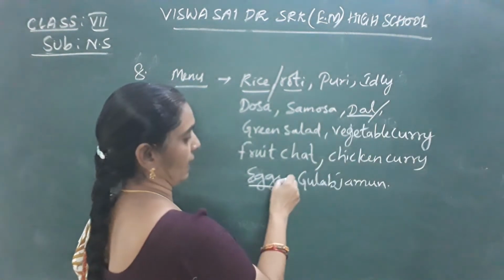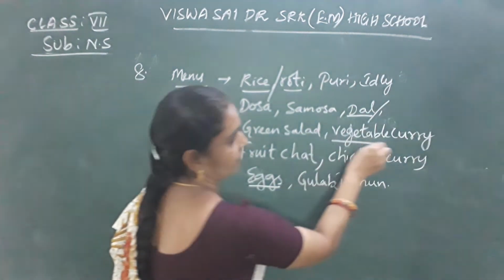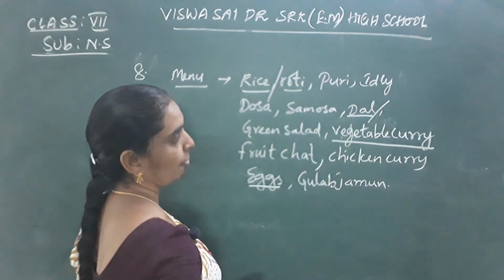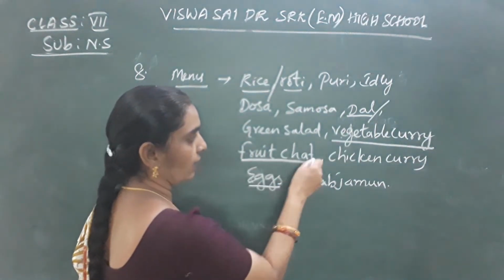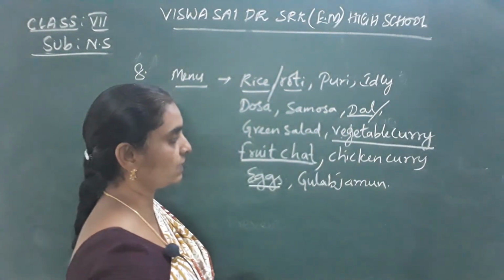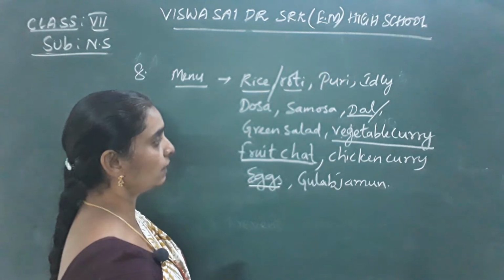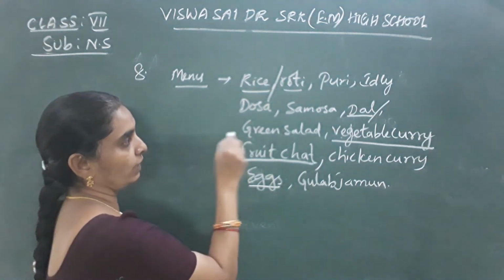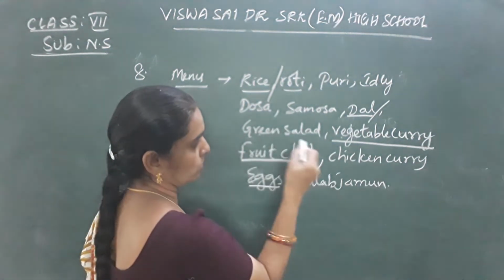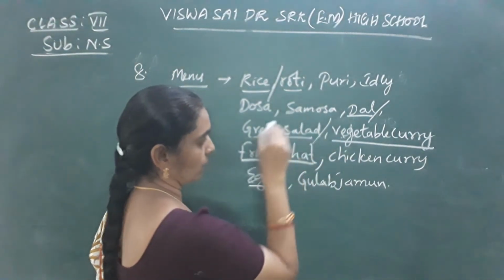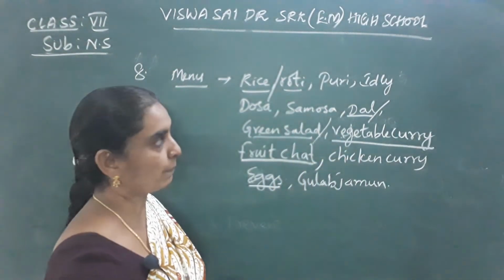Next, a little vegetable curry to get vitamins and minerals, and a fruit chaat to get more fiber and water content. You can also add green salad instead of vegetable curry.